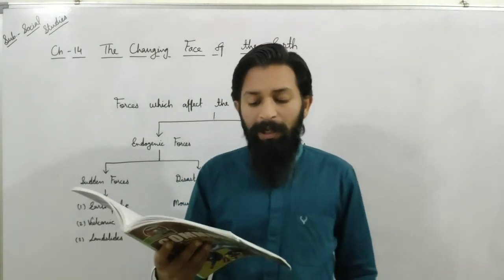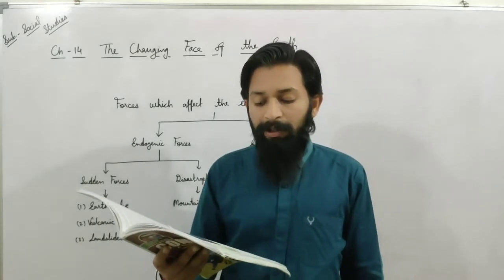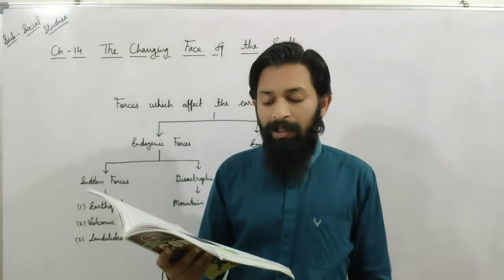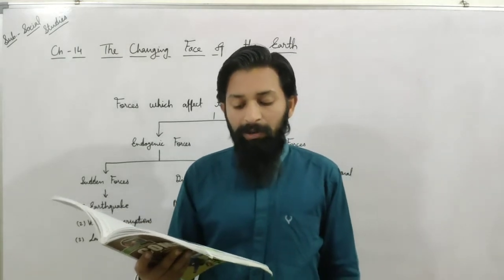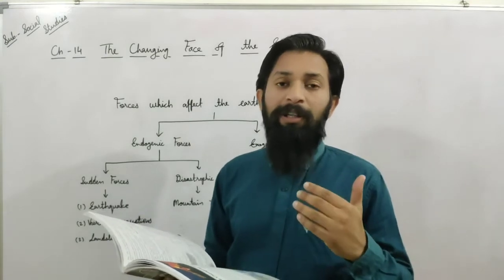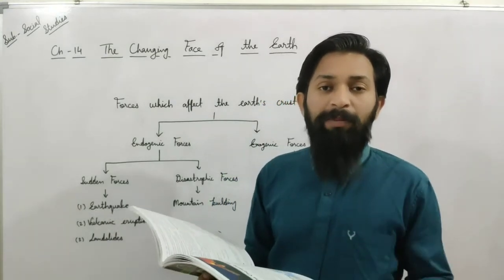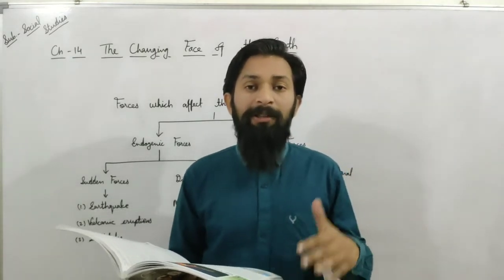The exterior of the earth may appear to be static and stable to a common man, but actually there are many changes occurring continuously inside as well as outside of the earth. We are watching only outside the earth, so only those changes we can mention, but which changes are taking place inside of the earth, we don't know.